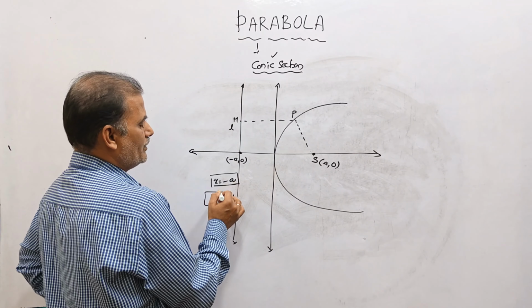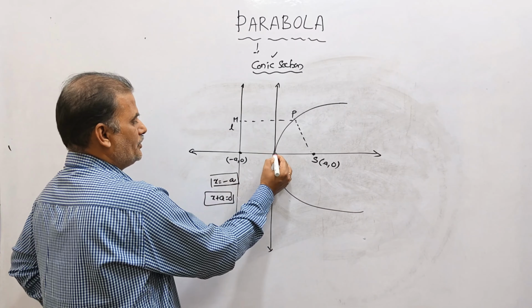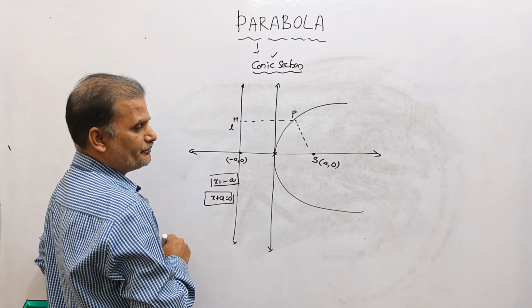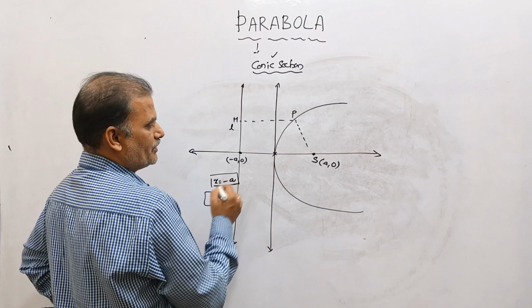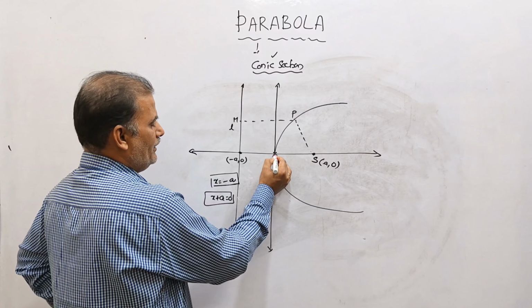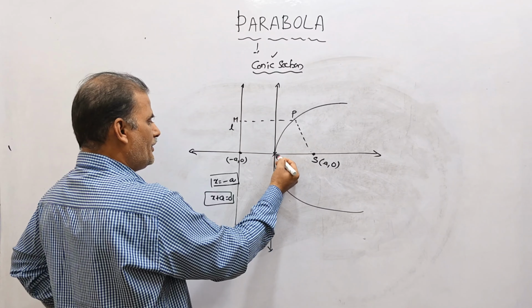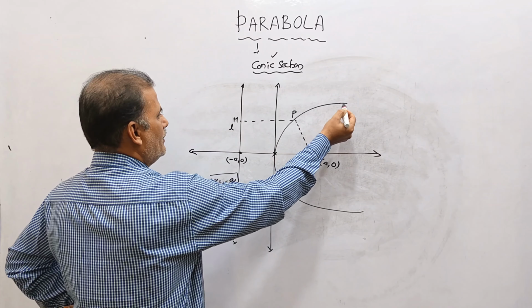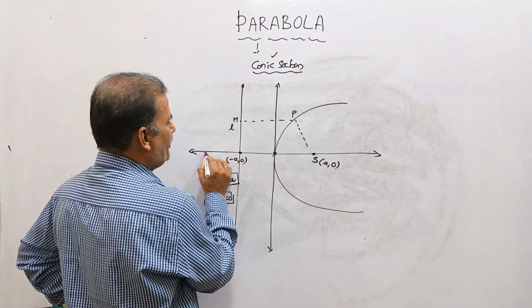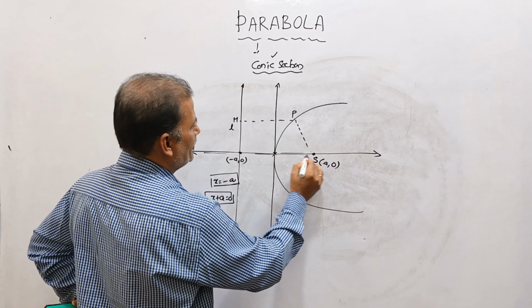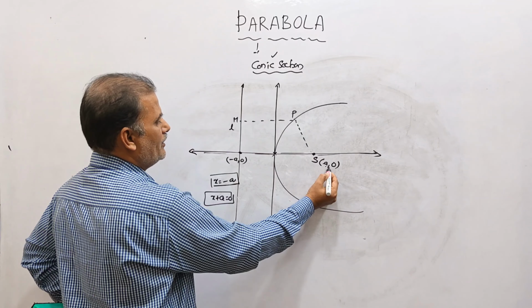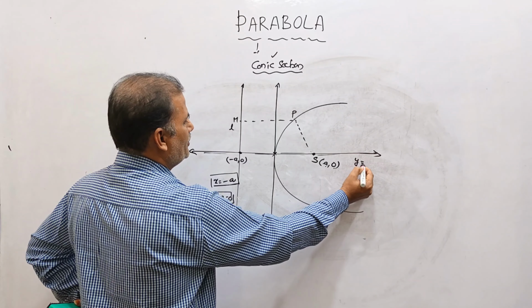Two definitions completed. This is the third definition, vertex. The vertex of the parabola is the point of intersection of parabola with the axis. This is called the axis. Here x is equal to a and y is equal to 0.